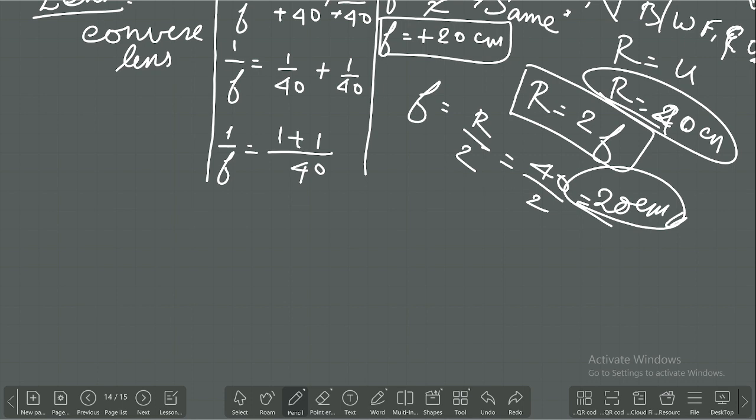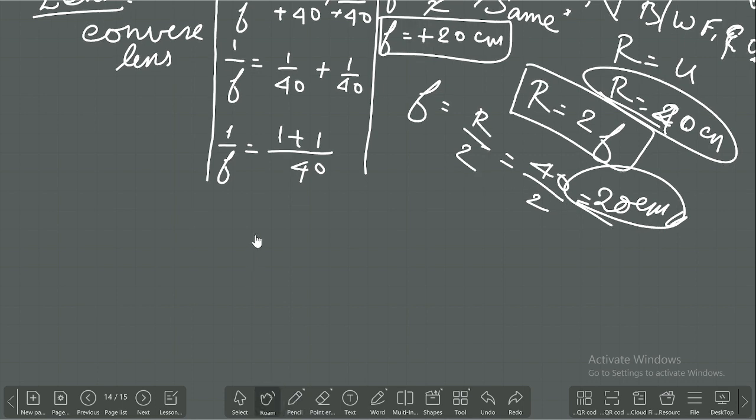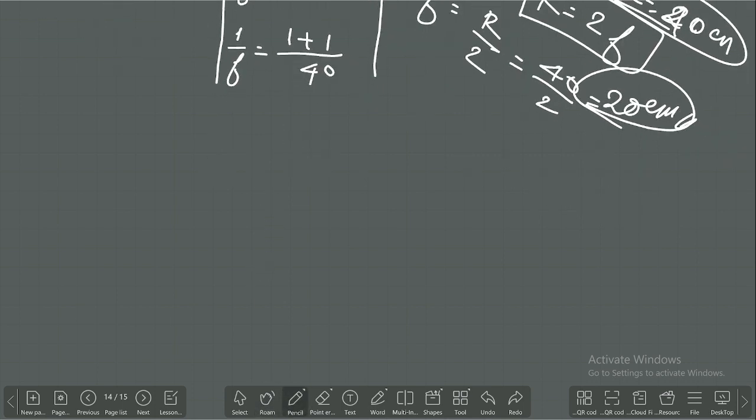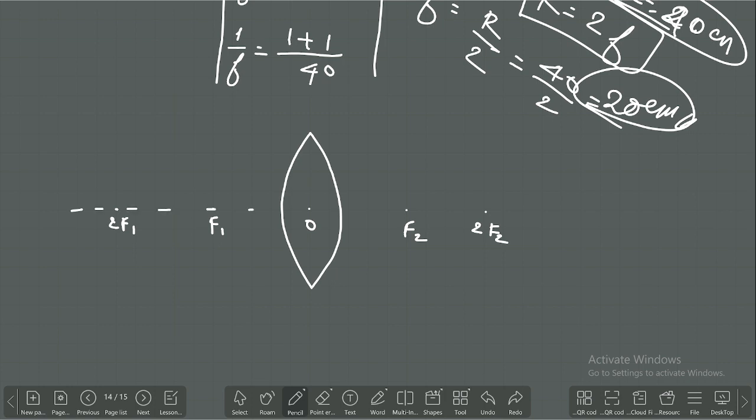The reason, we will prove using the diagram over here. So what type of lens did they mention? The nature of the lens is a convex lens. This point we will call the optical center, F1, 2F1 and F2, 2F2, and this line we will call the principal axis.